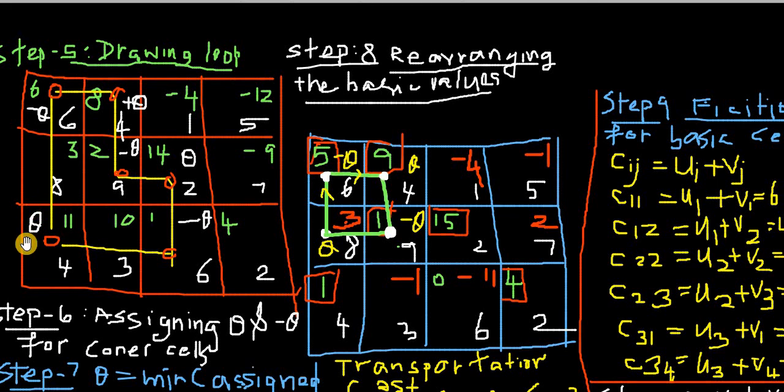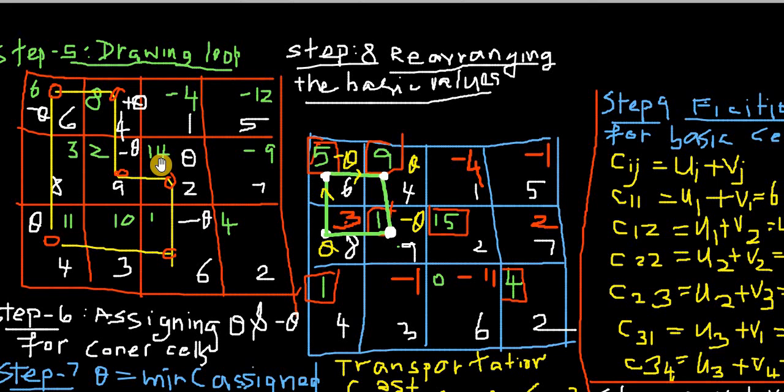Here basic value is 0, the theta is 1, so 1 will come here. Here basic value is 6 minus theta value 1, 6 minus 1, 5. Here basic value is 8, theta value is 1, 8 plus 1, 9. Here basic value is 2, 2 minus 1, 1.